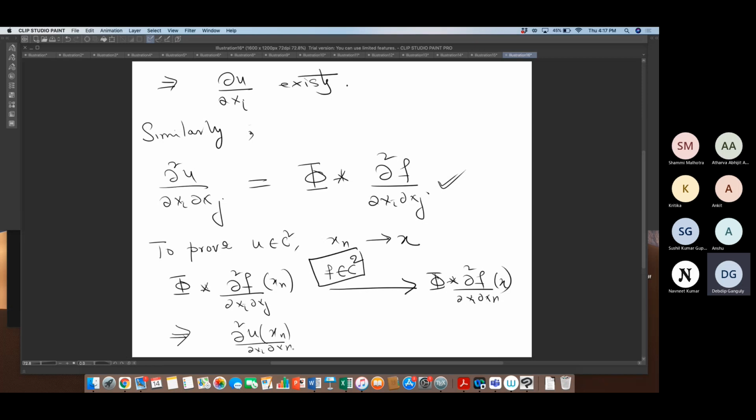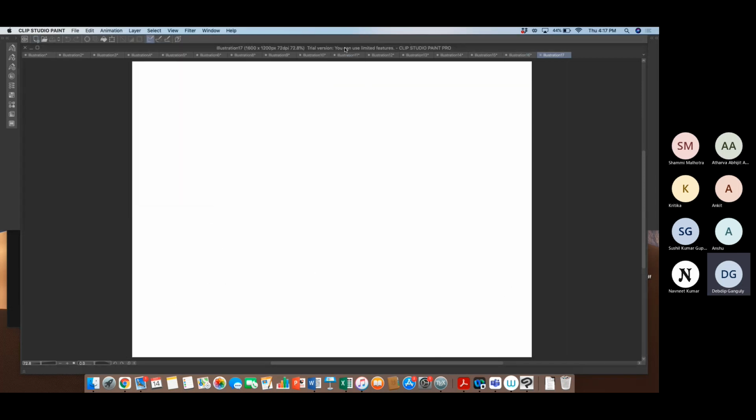Very good. If you understand each and every step, things are very easy. Just question yourself whether this is true or not. So these three steps prove that u is a C2 function, where u is phi convolution f. So the first step is done.